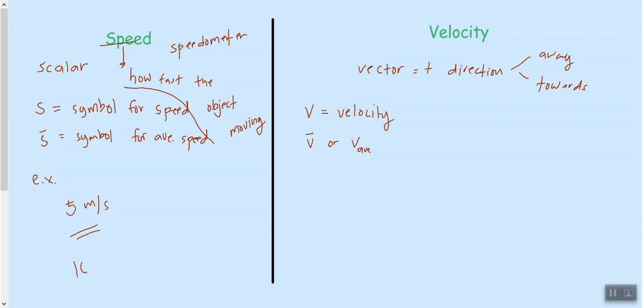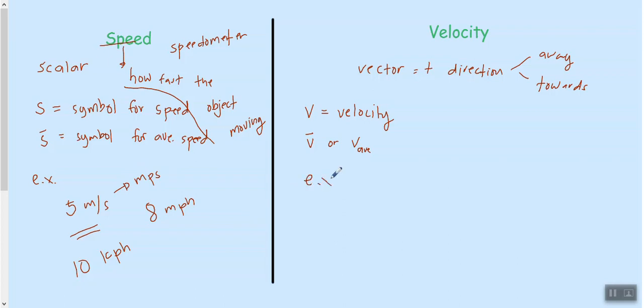And this tells us that the object is moving that fast. We can also put 10 kilometers per hour, some units, or 8 miles per hour. There's a difference if you're going to write this down. You could also write it as meters per second. Those are some units. What about velocity?